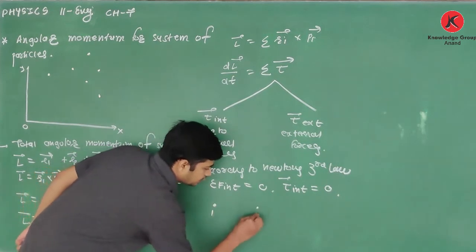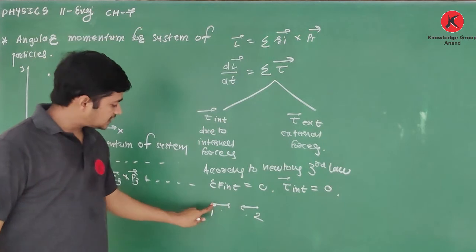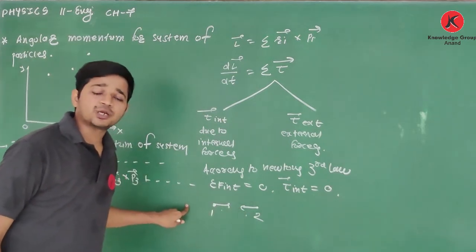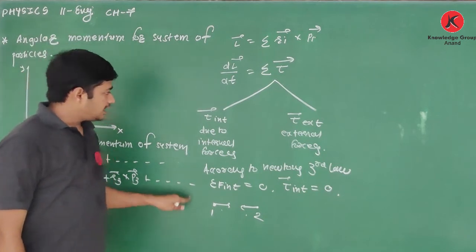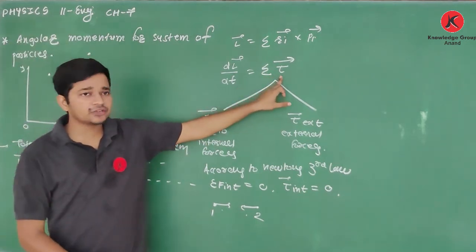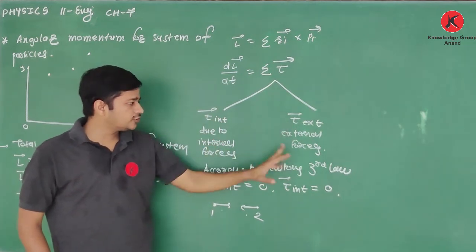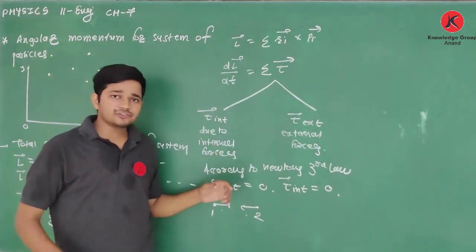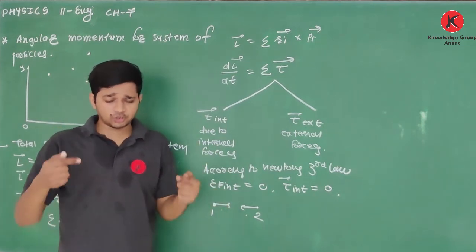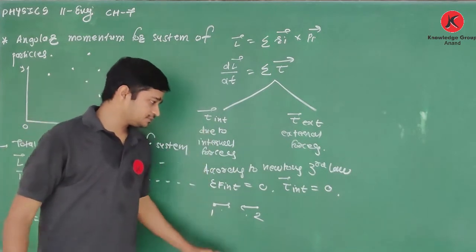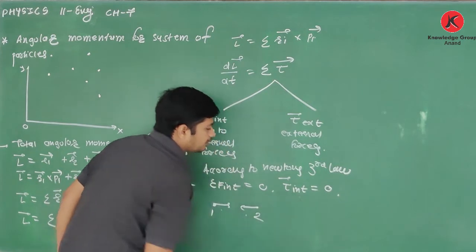It is one particle, it is the second particle. These two forces lie on the line joining the two objects, so the perpendicular distance will be 0. So torque will be 0. That's why the torque due to internal forces will become 0.